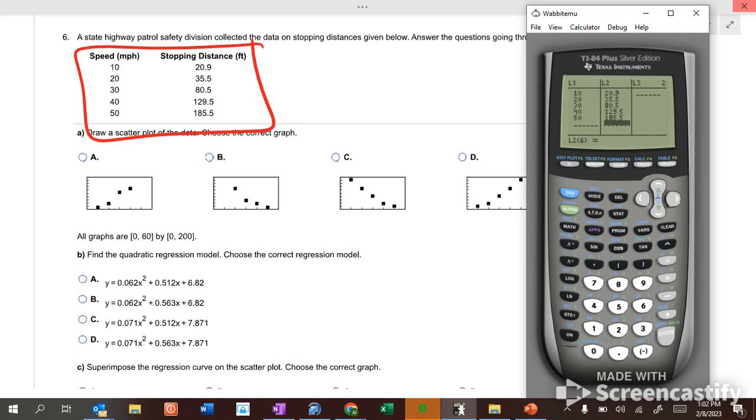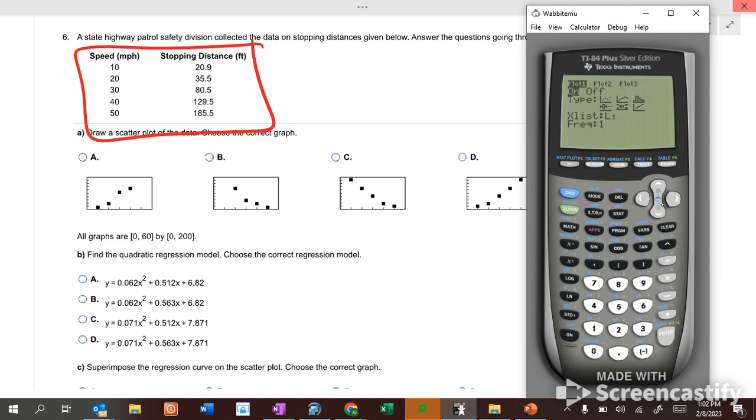So what we're going to do is plot the points. Instead of graphing the points, we're going to plot the points. So we'll go second, y equals, and we're going to turn our plots on. I'm going to push enter at this point. So it's going to look like that.